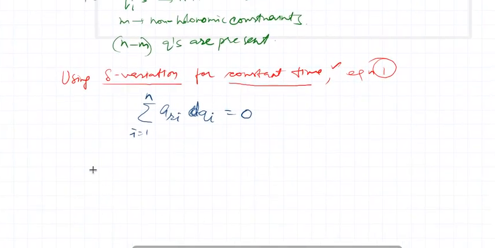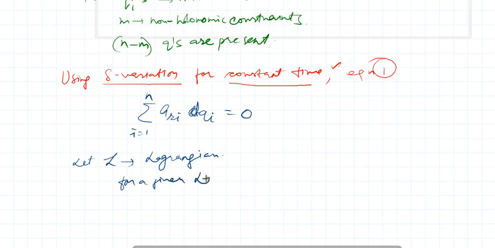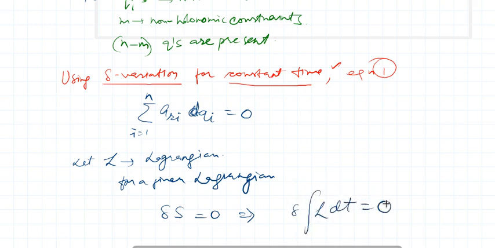Now let it will be the Lagrangian, and for a given Lagrangian, this delta S must be equal to 0, which implies delta of the integral L dt must be equal to 0. And let me call this equation number 2 and it equation number 3.